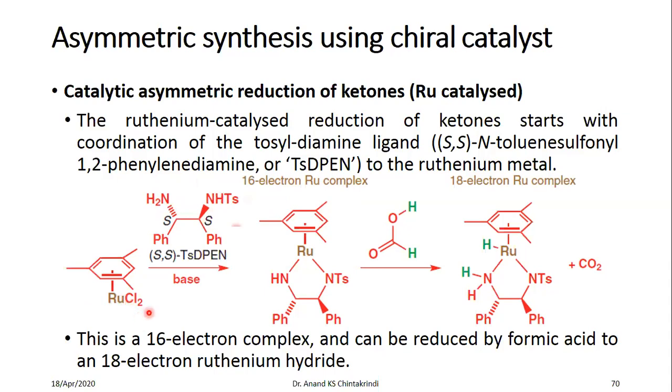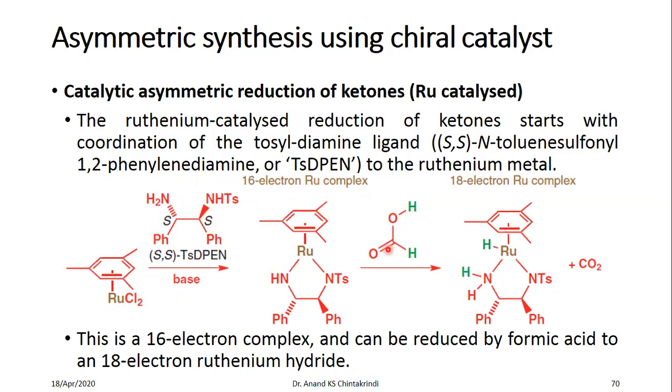Now, the coordination of ruthenium to the chiral ligand results in a 16 electron ruthenium complex. This 16 electron complex you have seen in your catalysis chapter.